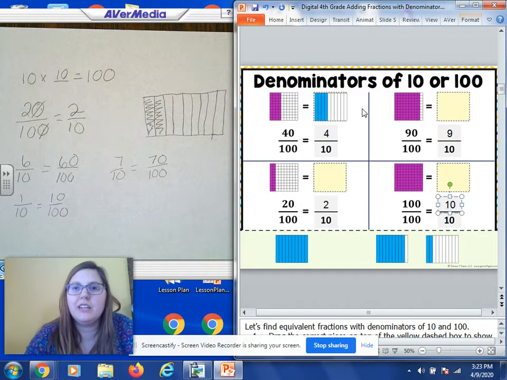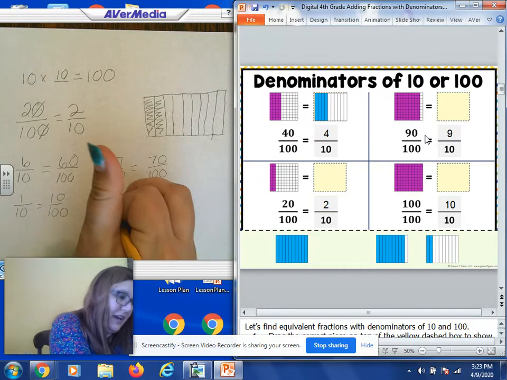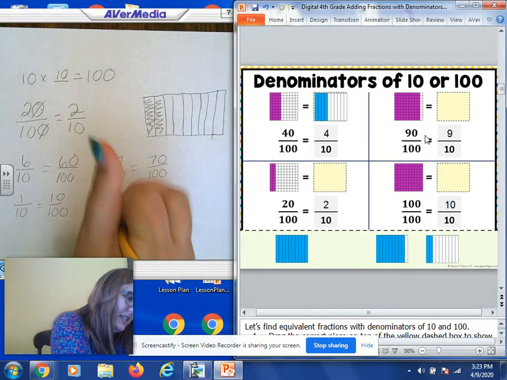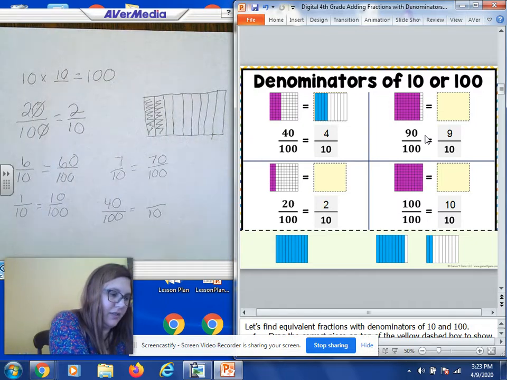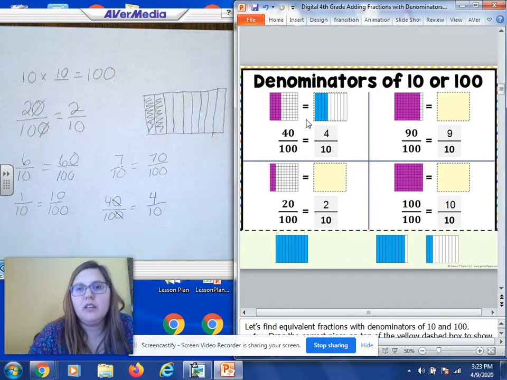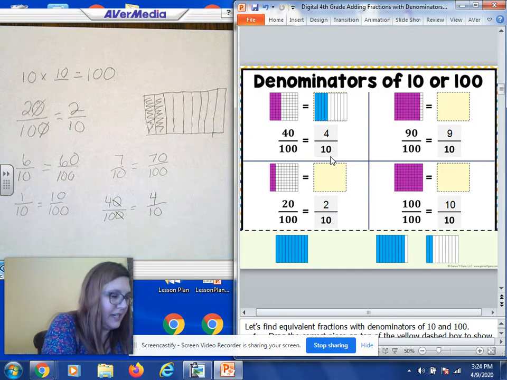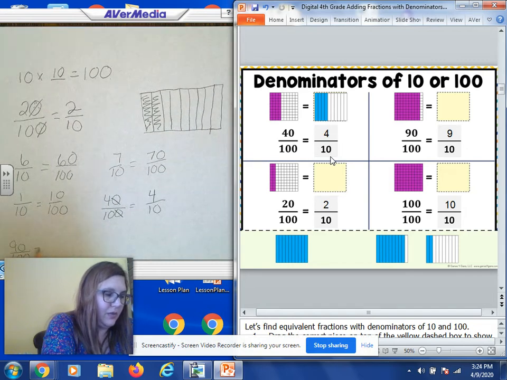All right, so I started our video back again. We had 40 hundredths, and we're going the opposite way to tenths, so we lose the 0 and get 4 tenths. Okay? 90 hundredths, we lose a 0 to get 9 tenths.